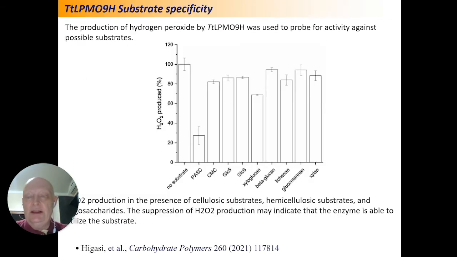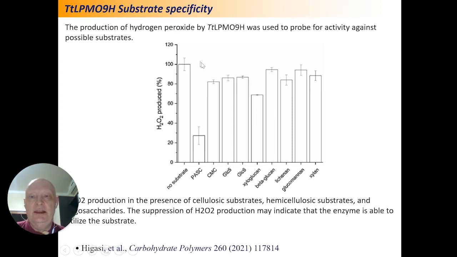Well, then we looked at the substrate specificity of this enzyme, and basically, to be able to do so, we used a so-called futile cycle of LPMO reactions, where LPMO in the absence of substrate is known to produce hydrogen peroxide. If one supplies the substrate to the enzyme, then the concentration of hydrogen peroxide will go down. That's exactly what happens.